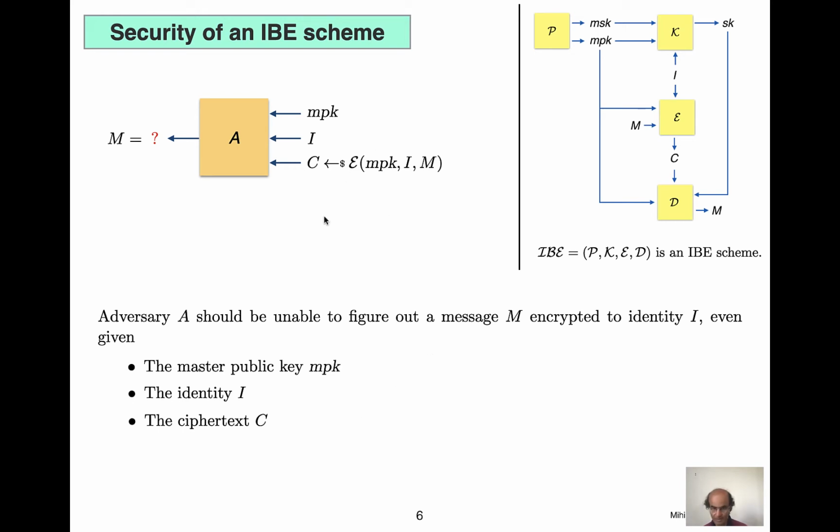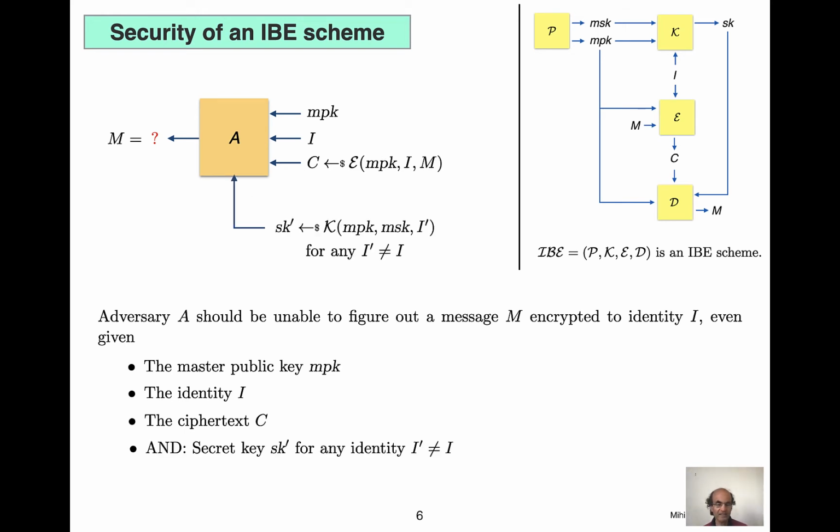But actually, there's a little bit more to it. Now, looking at this, we know that the secret key associated to I, the one that will be generated here, is of course something we cannot provide the adversary. Otherwise, this would be trivialized. It could just decrypt this ciphertext and get the message. But what about other secret keys?